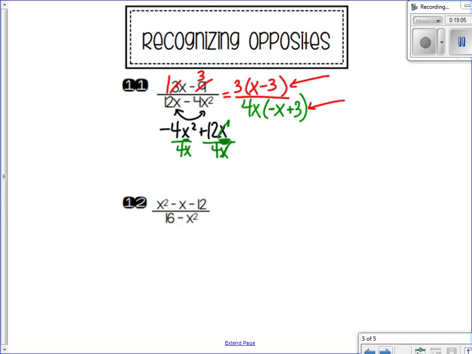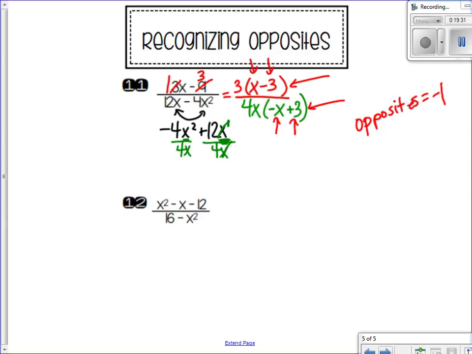When my signs of both terms are opposite, like +x turned into -x, -3 turned into +3, when they are opposites, that automatically actually equals -1. Opposites are equal to -1. Okay?